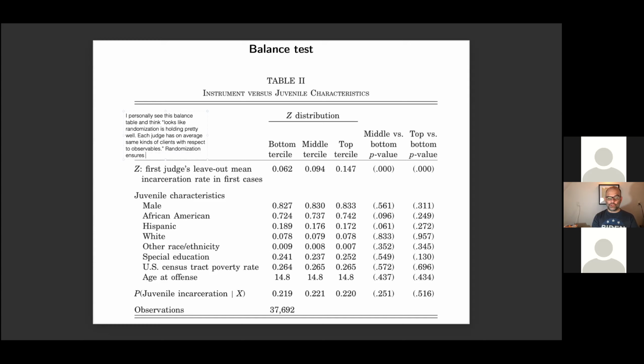Randomization ensures unobservables too, but you can't test that, which is why I like to also be told by the administrator that they were randomizing. I like to see both, not just one. All right. So that's our balance table with a continuous instrument.